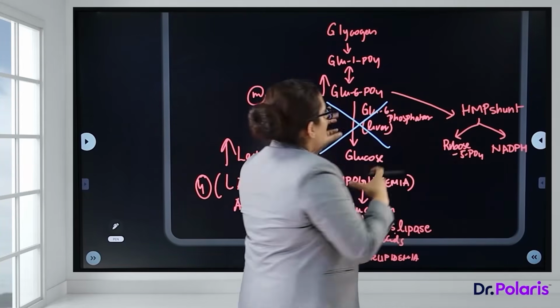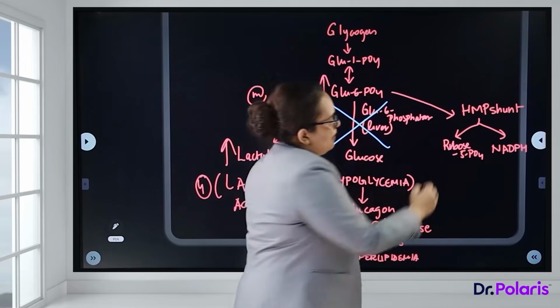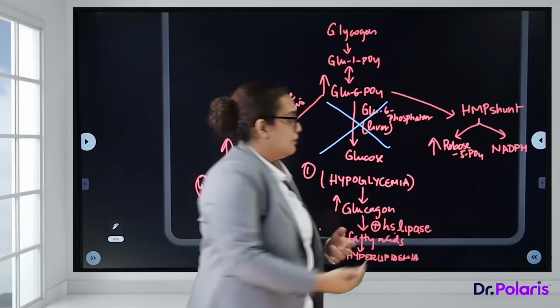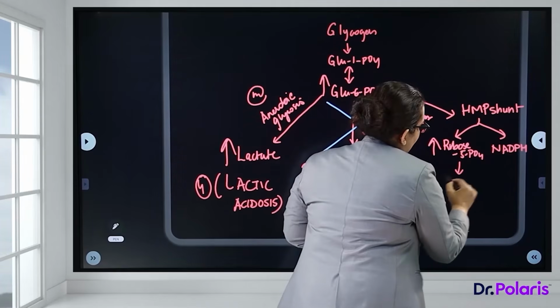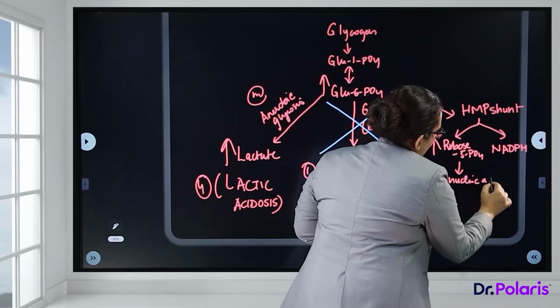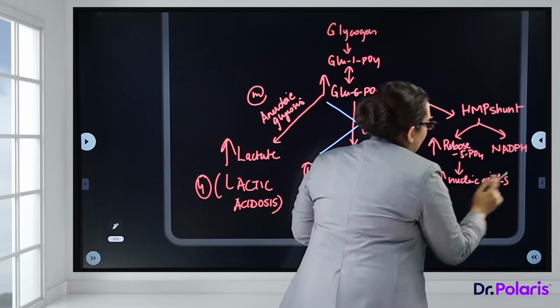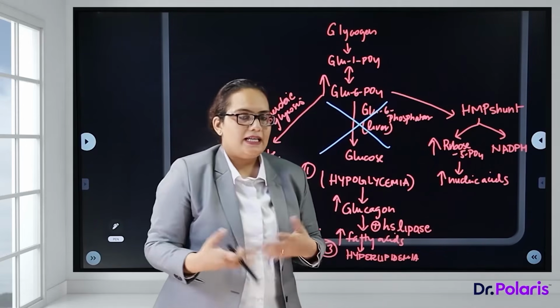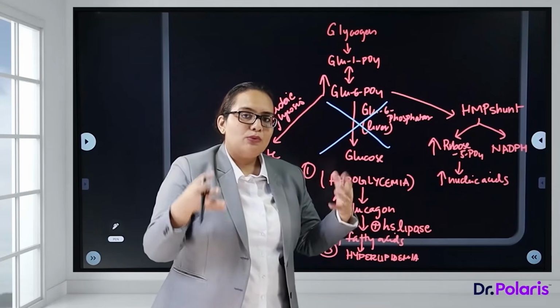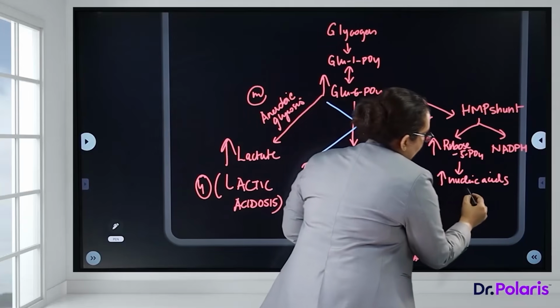Now because of the accumulation of glucose 6-phosphate, you will have a high amount of ribose 5-phosphate formed, and there will be increased production of nucleic acids. And because of the increased production of nucleic acids like DNA and RNA, they ultimately have to be broken down. So once they get broken down, they form uric acid.